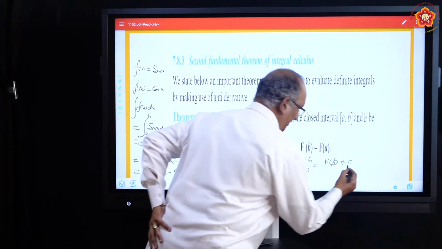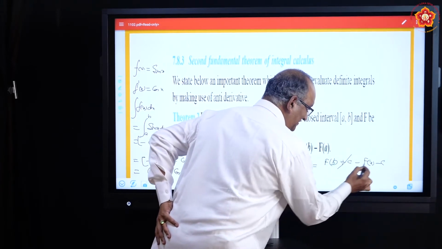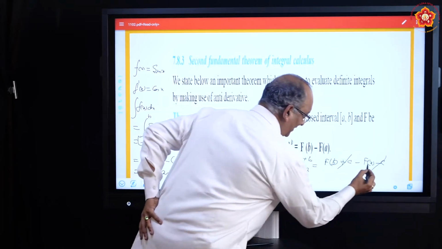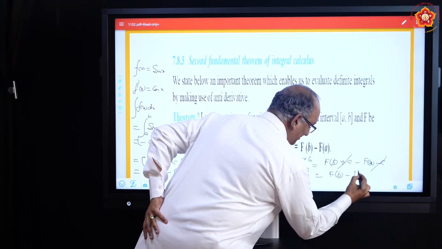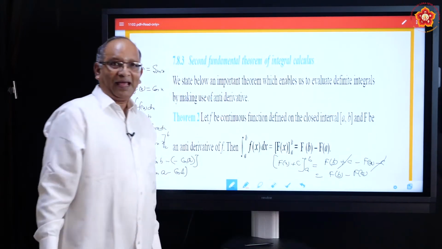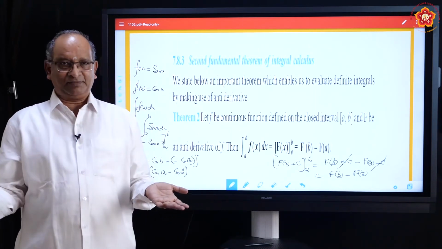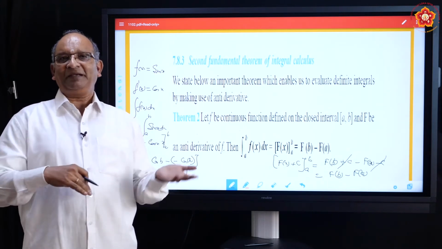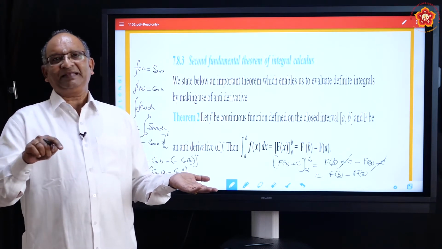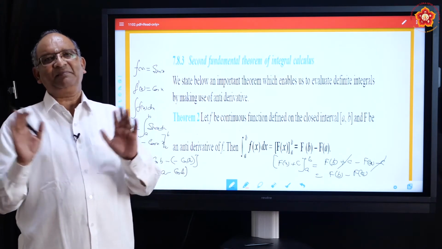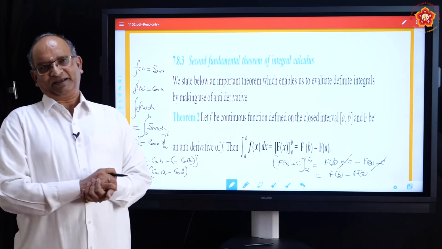Then substitute the lower limit, minus F of a minus c. So this plus c minus c gets cancelled and you get F of b minus F of a. Automatically the constant of integration vanishes. Why? Because when we substitute the upper limit, it will be positive. When we substitute the lower limit, because of the minus sign in between, it will be negative. Plus c minus c will cancel. So the headache of plus c vanishes in definite integral.